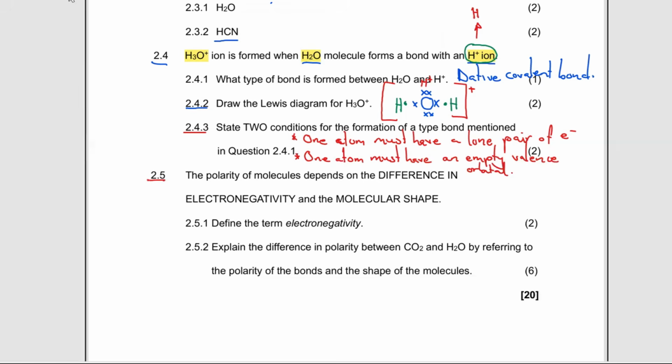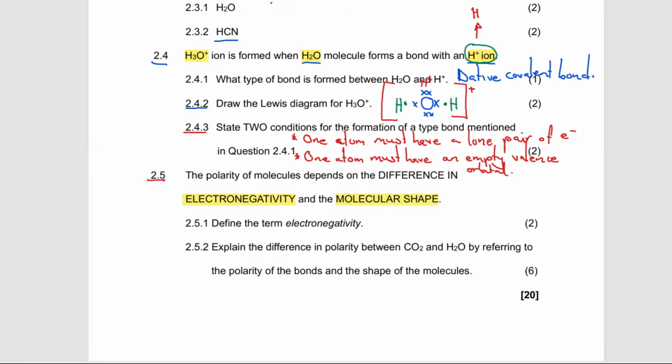Then we proceed to question 2.5, which reads: the polarity of molecules depends on the difference in electronegativity and the molecular shape. We've been asked to define the term electronegativity. By definition, electronegativity is the tendency of an atom in a molecule to attract a bonding pair of electrons towards itself, right?